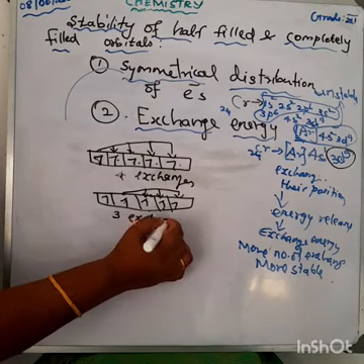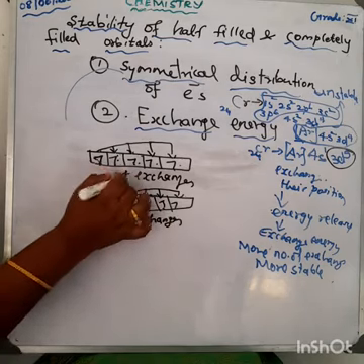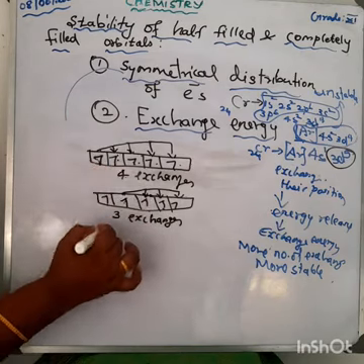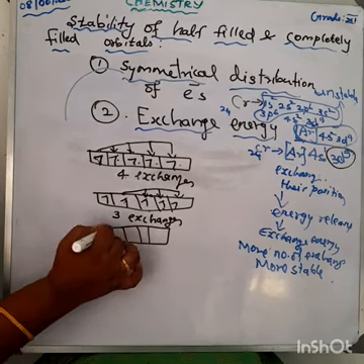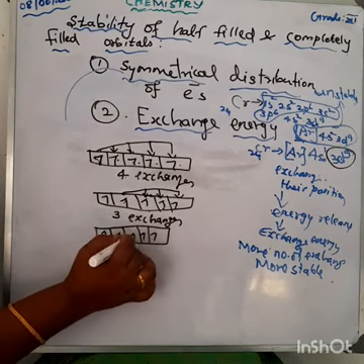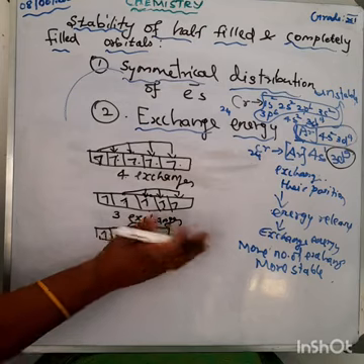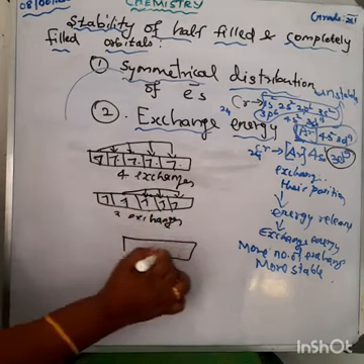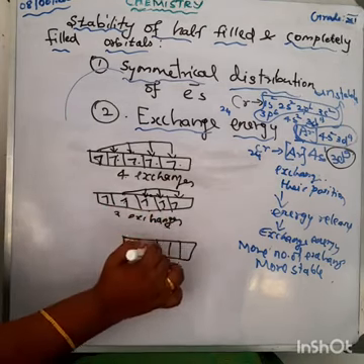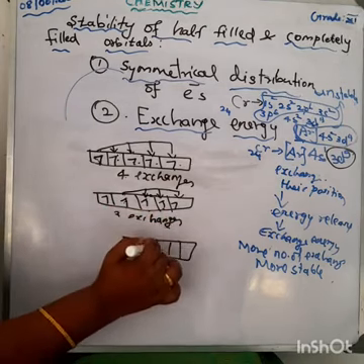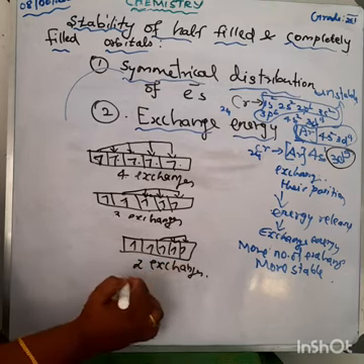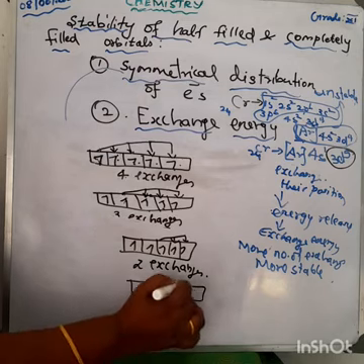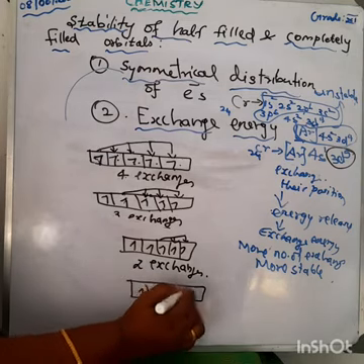Understood? Suppose I am taking this half-filled d orbital. Consider this electron. This electron can exchange its position with here or here. 2 exchanges are possible. And suppose I consider this last electron, it can exchange its position with here, and that electron can come here.